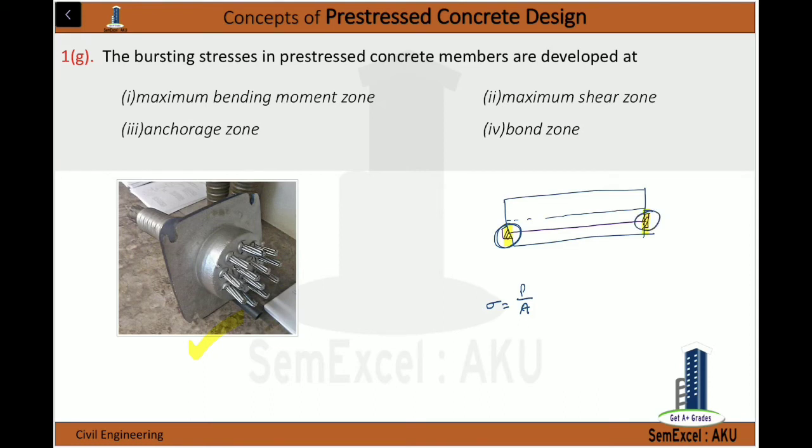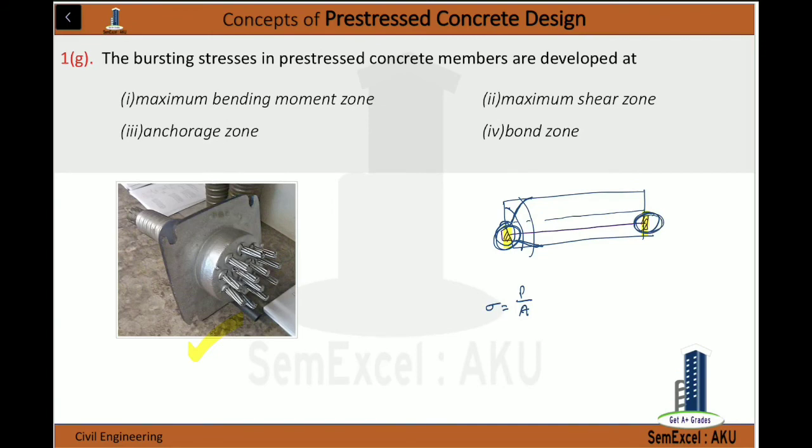And this stress distributes like this. Here we have maximum stress, then again this keeps on decreasing. This is the stress path. And this is the tensile stress that occurs due to the compressive stress. Sometimes what happens at the anchorage zone, we have the maximum stress due to which bursting occurs. So third option is the correct option. Let's move to the other question.